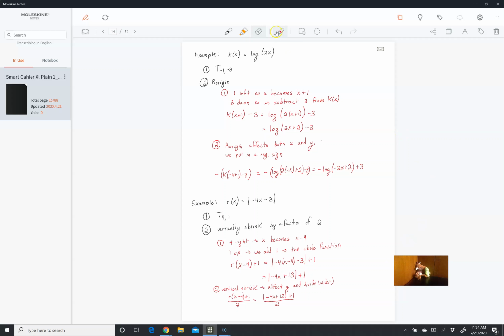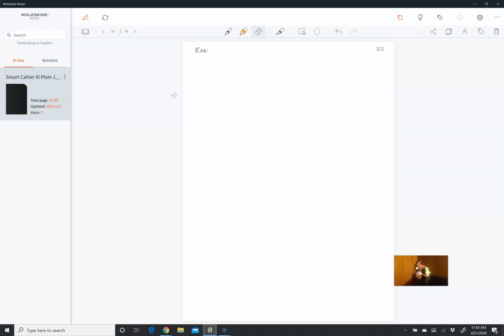Let's take another example. Let's do another polynomial. We'll do q of x is equal to 2x cubed minus x squared plus 5. Okay.